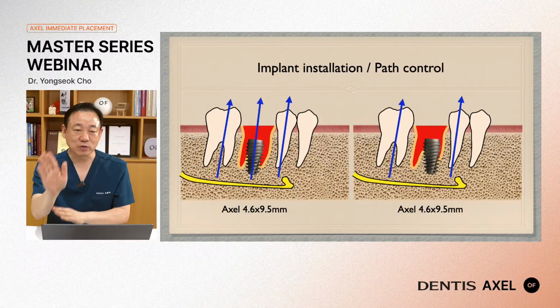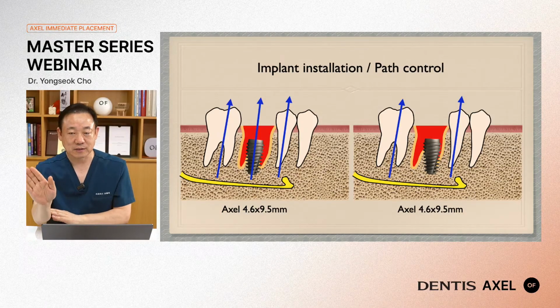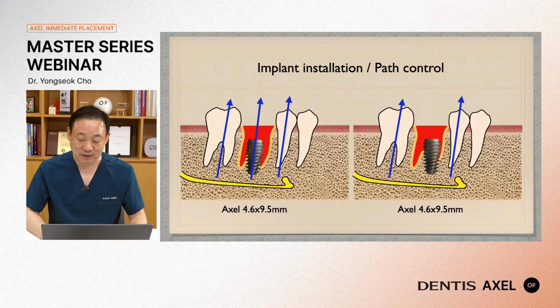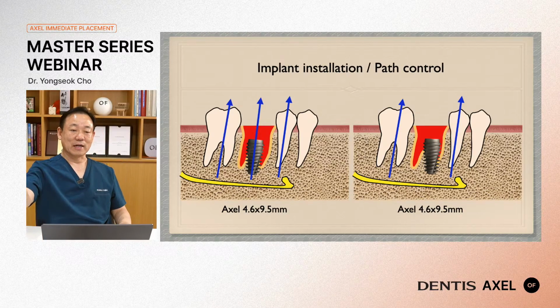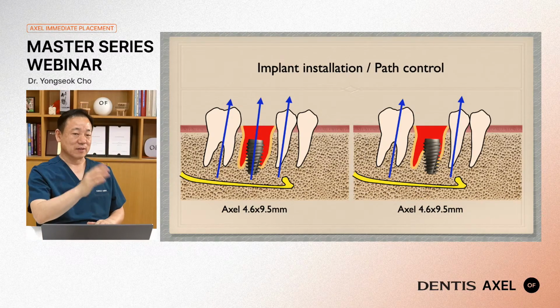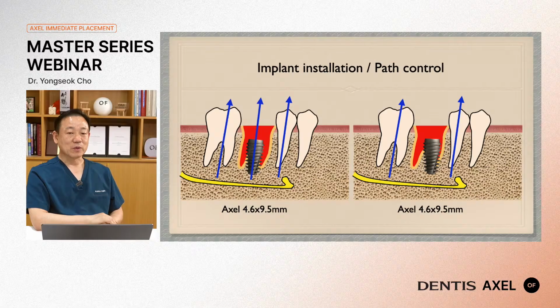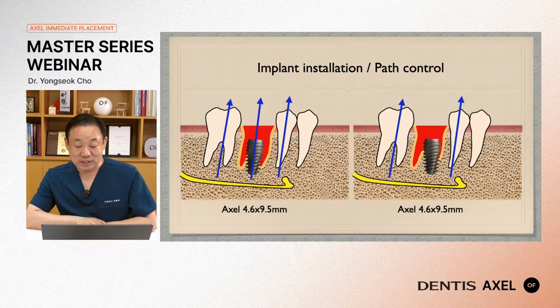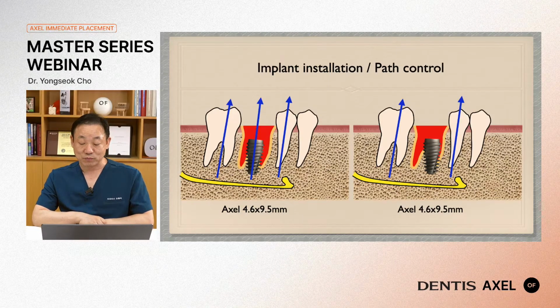Okay, we reduce the medial tilting slightly, then the hole will be aimed toward the center. In many cases I place the implant on the right side, not the left side, because placing the implant at the exact center is not easy due to the resistance of the interradicular septum.